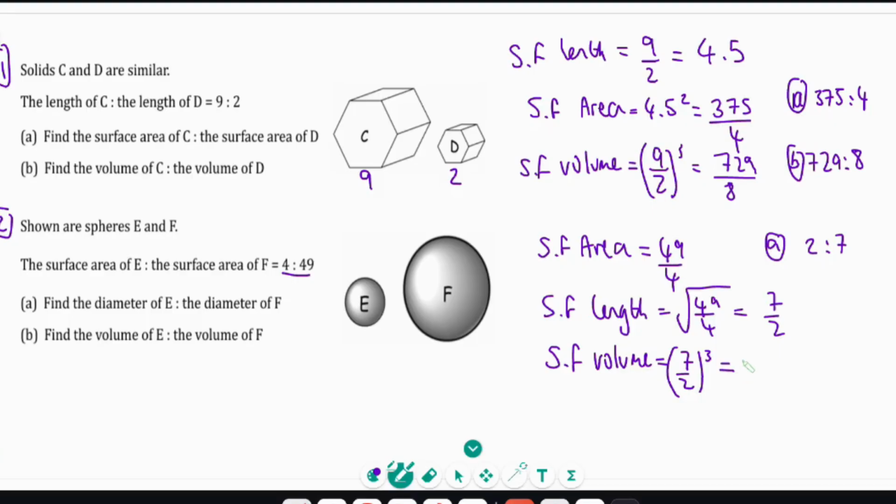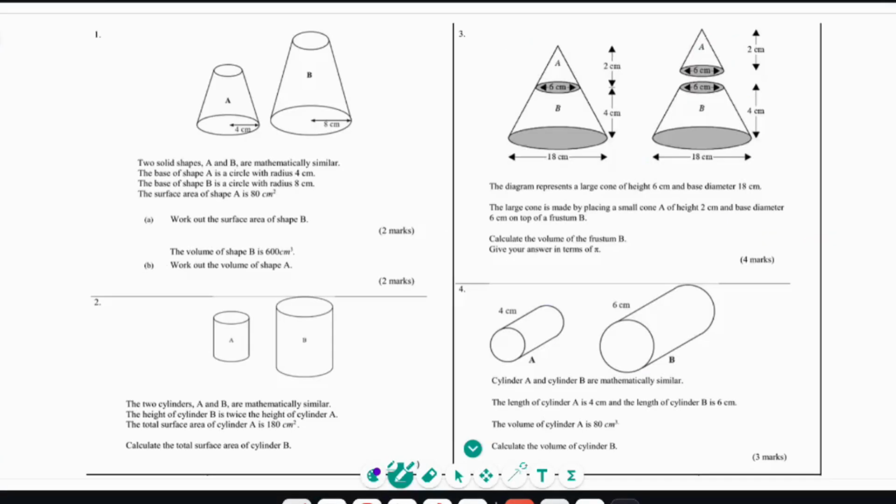Gives us 343 over 8. So the ratio would be 8 to 343. Okay, have a go at these 4 exam questions. Put me on pause and unpause when you're done.